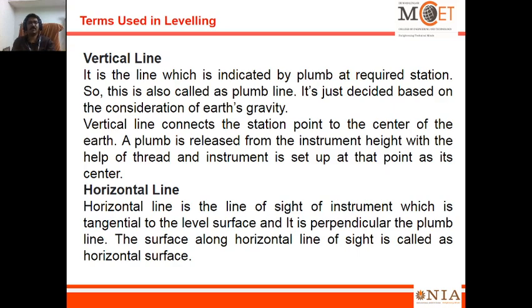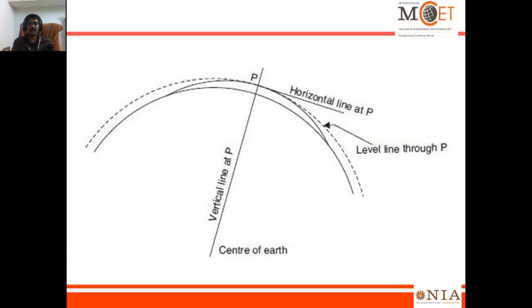It is decided based on the earth's gravity. Earth's gravity pulls exactly vertical, right? The next diagram represents the point where we are standing on the earth surface holding an instrument or whatever it is; the exact vertical line towards the center of the earth is the vertical line, right?